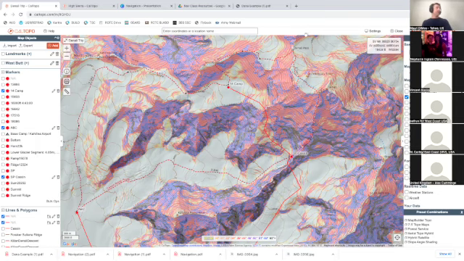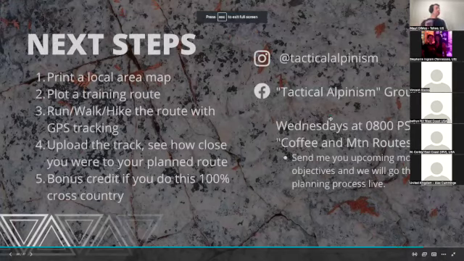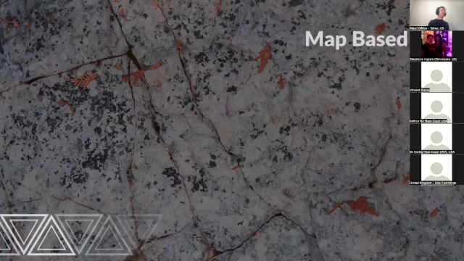Once we get into those breakout rooms, y'all are going to identify an objective that you have in your area, and then you're going to plan two routes minimum for it.